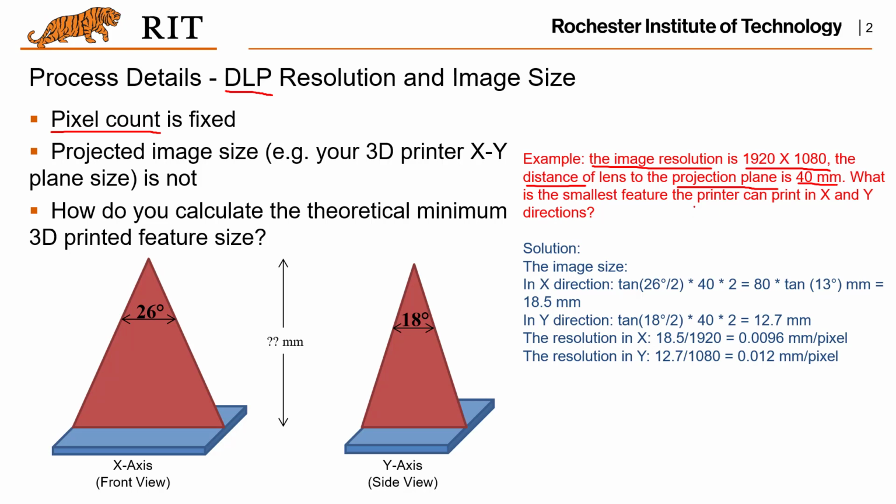Then you could compute the smallest feature the printer can print in both X and Y directions. So how to do that? Basically, you need some trigonometry. As you can see here, you have a view angle of 26 degrees in the x-axis and another angle of 18 degrees in the y-axis.